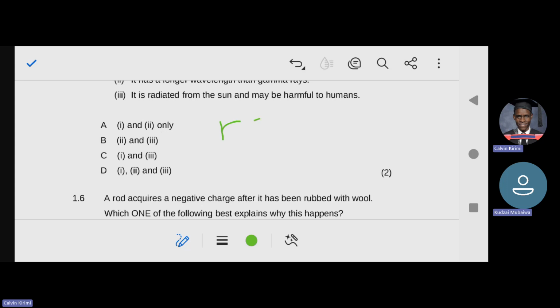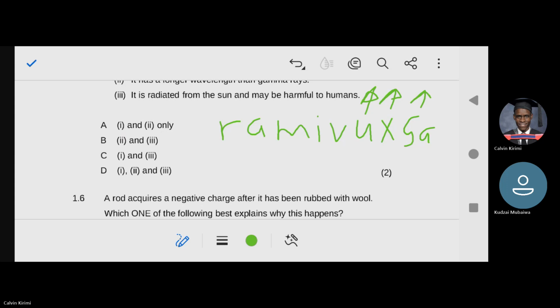I just drew like this. So you know what it means. So these are U, which means ultraviolet, X-rays, gamma rays, microwaves, and radio waves.